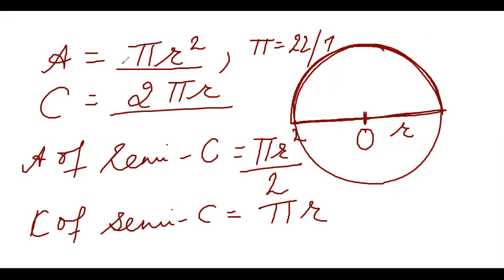Area of circle is pi r square, where r is the radius of the circle. Pi is here 22 upon 7. Circumference is 2 pi r, that is boundary of the circle, or you can say perimeter. Area of semicircle means half of circle, it's pi r square upon 2, and circumference of semicircle is pi r, right? Now let's start the exercise on the basis of it.